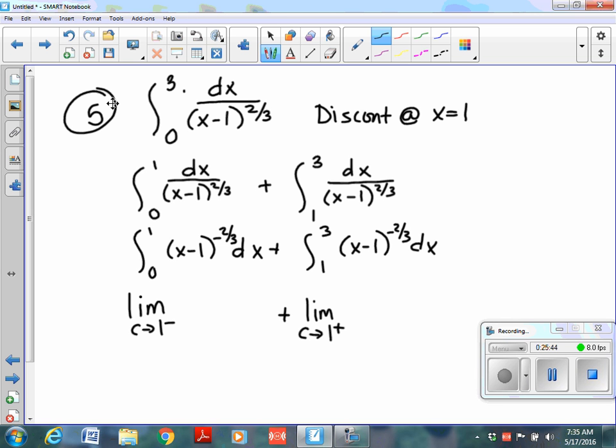Okay, if you drew a picture of this, there might be one in the book. If you go from 0 to 1, you're approaching it from the left. If you go from 1 to 3, you're approaching it from the right. And when you integrate that, you're going to add 1 to this, and you're going to add 1 to this, which is 3/3. And 3/3 is 1.